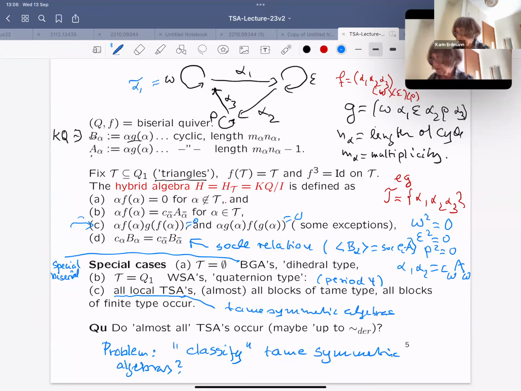This is too open-ended, but we can assume that the Gabriel quiver is two-regular.